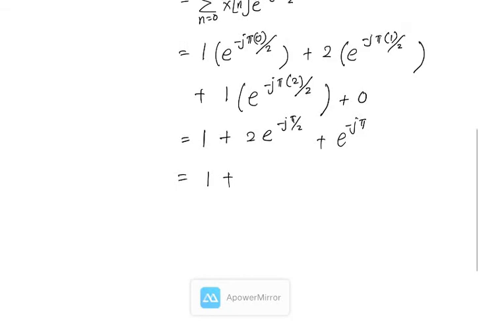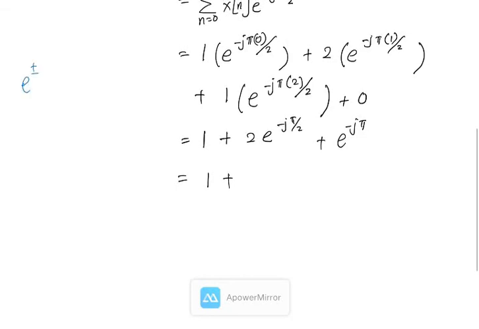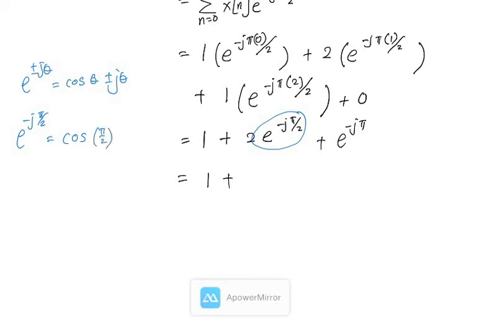Euler formula refers to exponent plus or minus j theta equal to cos theta plus or minus j sine theta. So this part you can convert. For example, exponent minus j pi over 2, you can change it to cos pi over 2 minus j sine pi over 2.